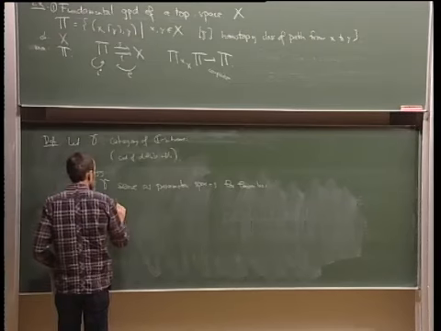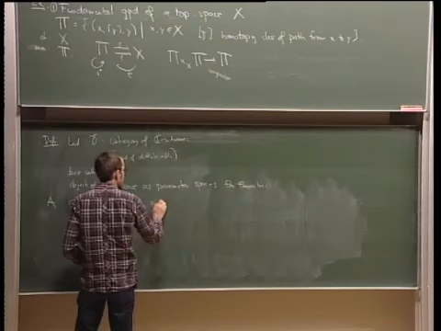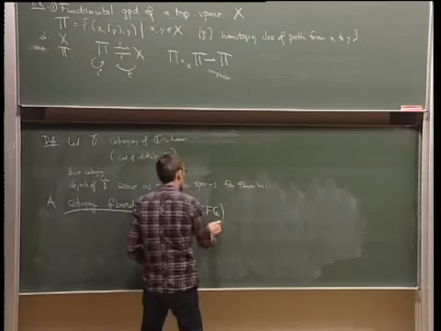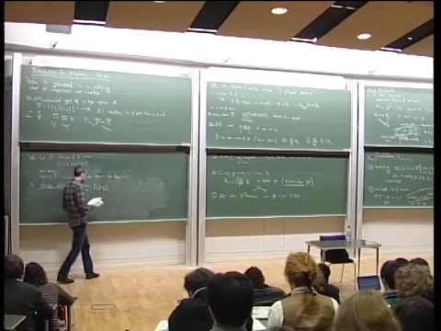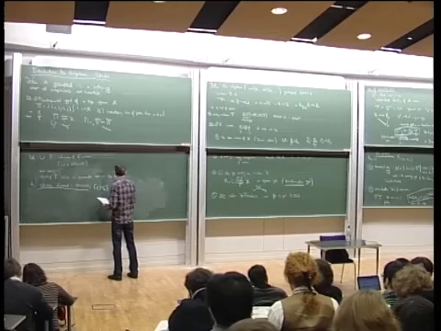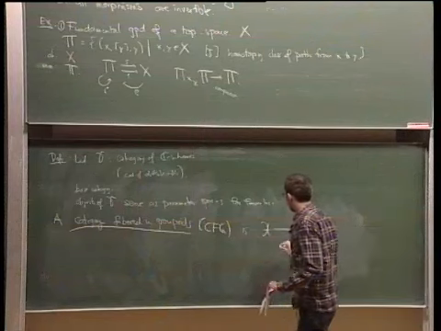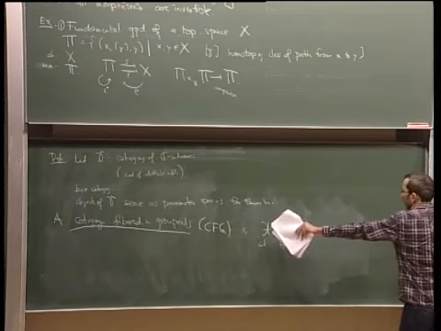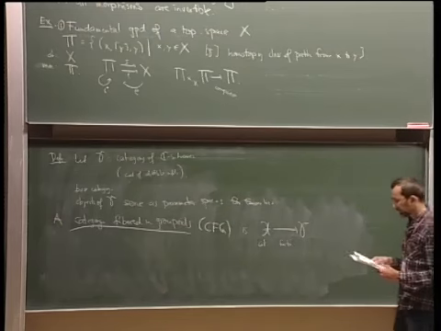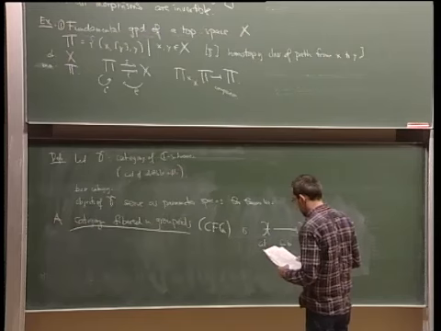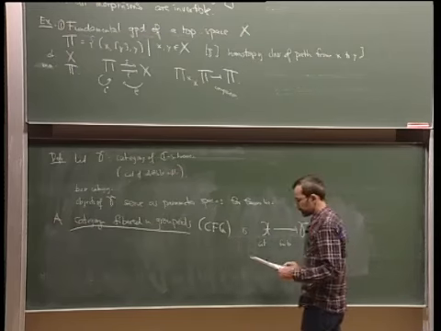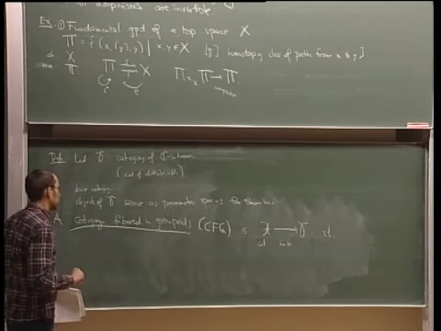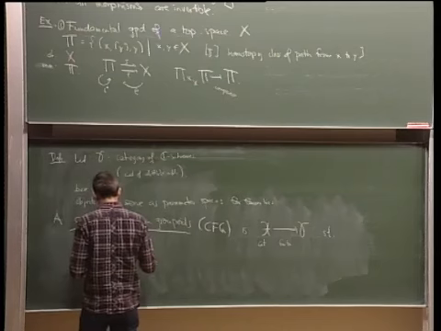A category fibered in groupoids, let me call it CFG for short, is another category X together with a functor to S, such that, okay, what are the axioms?